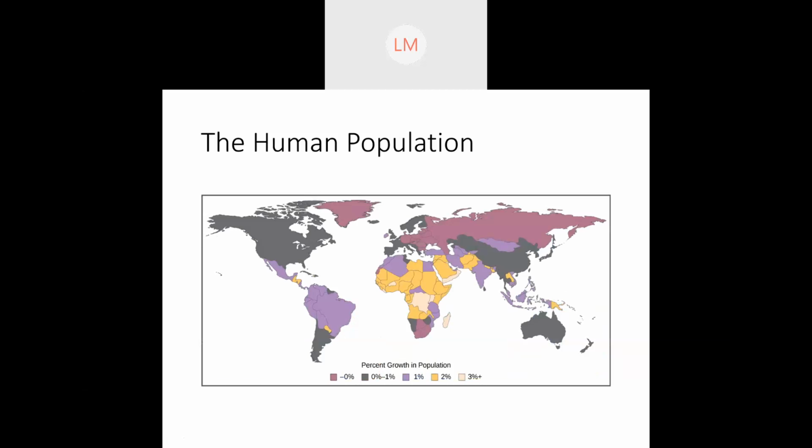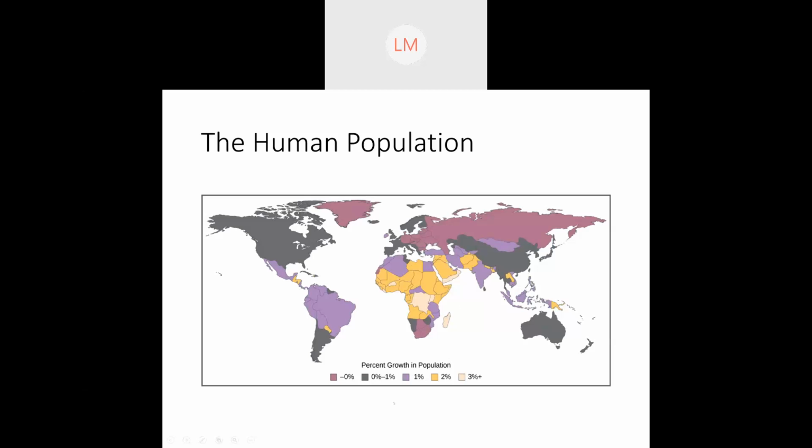And this is how it plays out when we look at all the countries compared to one another. In general, the highest population growth, those stage 1, stage 2 types of age structure diagrams, are going to be in developing countries. So we can see the highest population growth, this 2%, 3% growth, are primarily going to be in developing countries. A lot of our 1% population growth is primarily in developing countries.